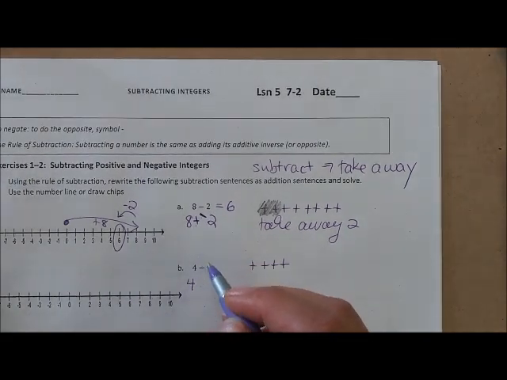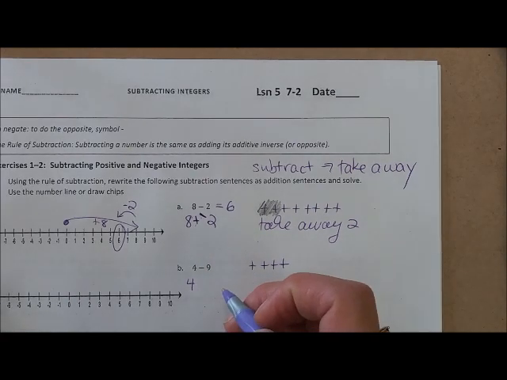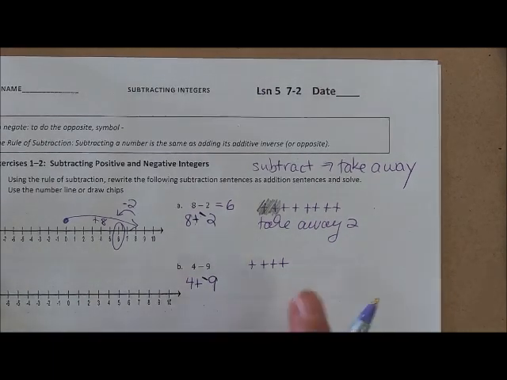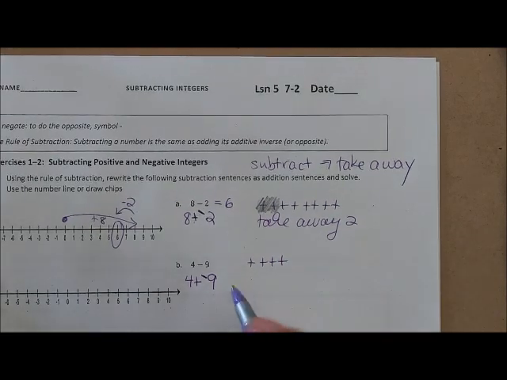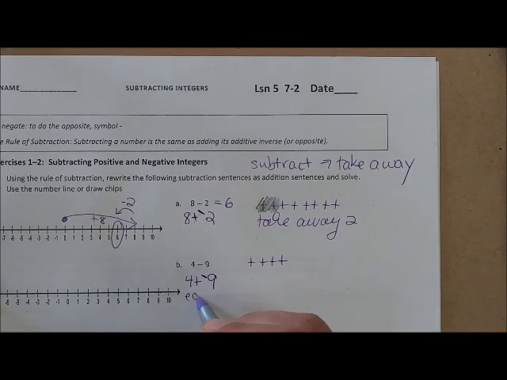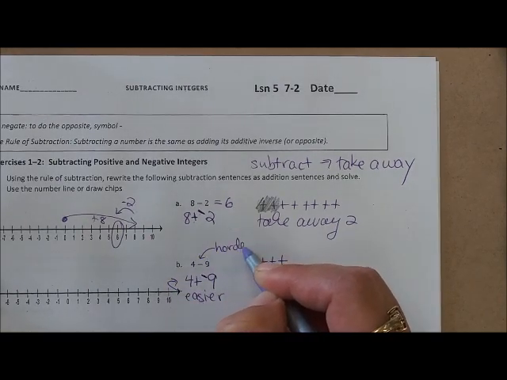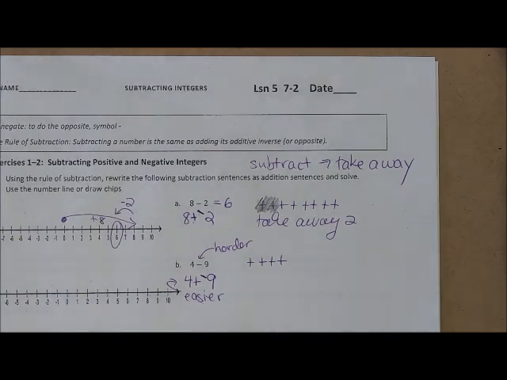Now subtraction and addition are not the same thing, but subtraction is the same as adding the opposite of a regular 9. So this is an easier problem. This one's a harder one to do. I'm going to show it to you, but you probably won't like it.